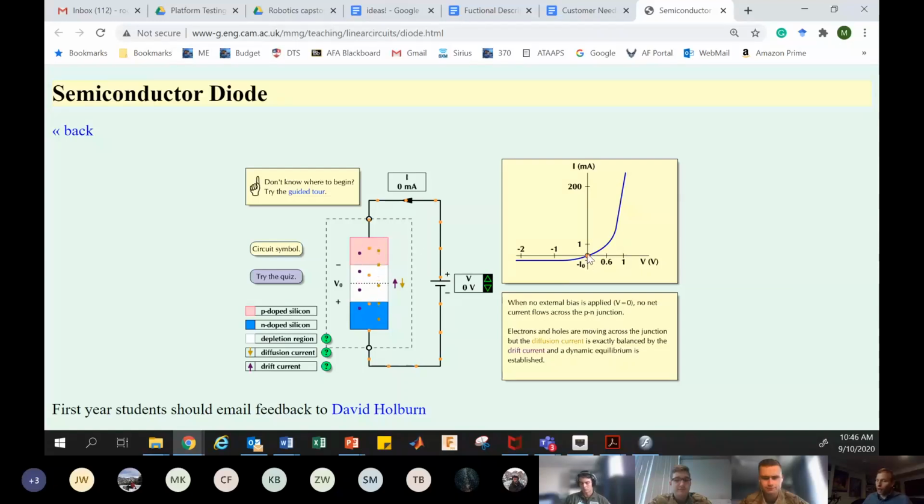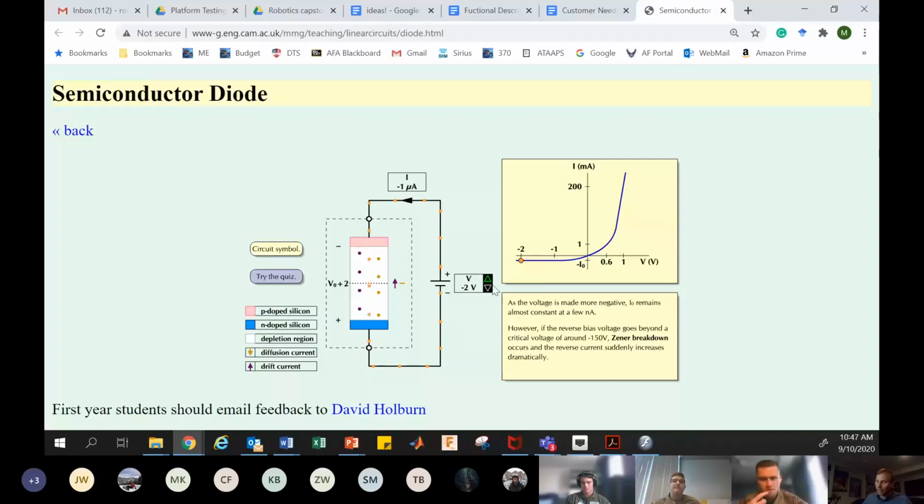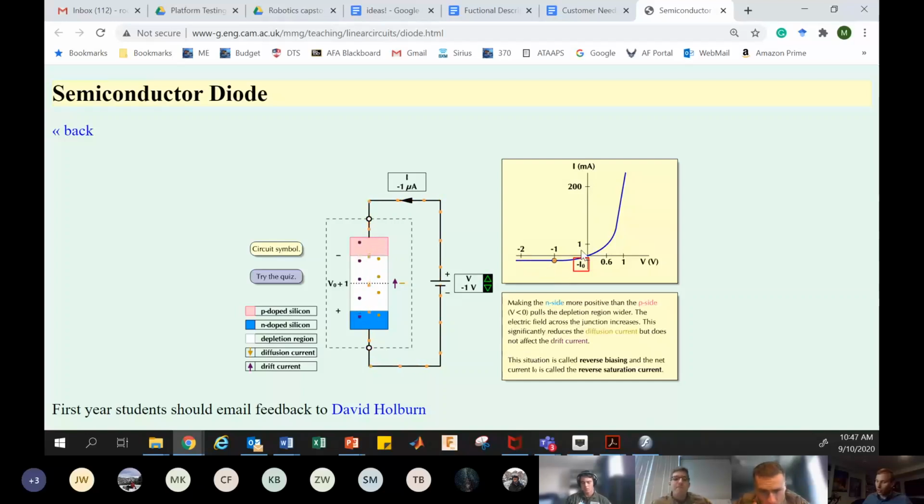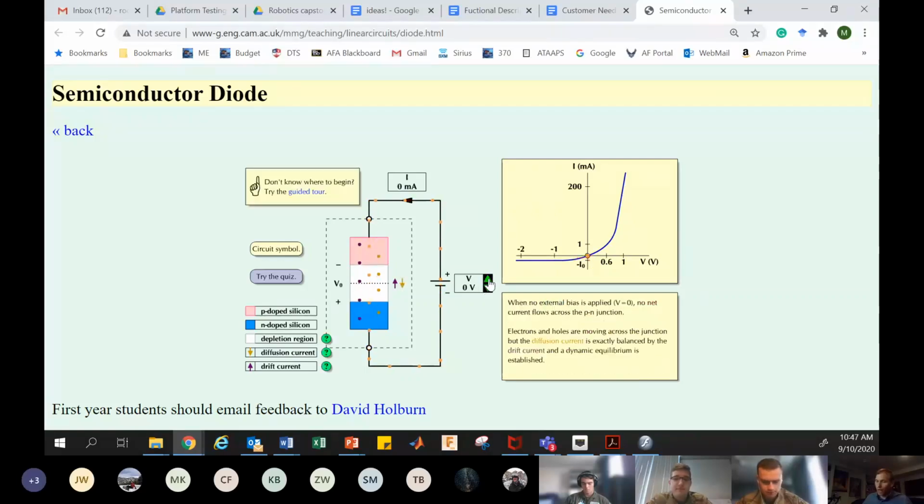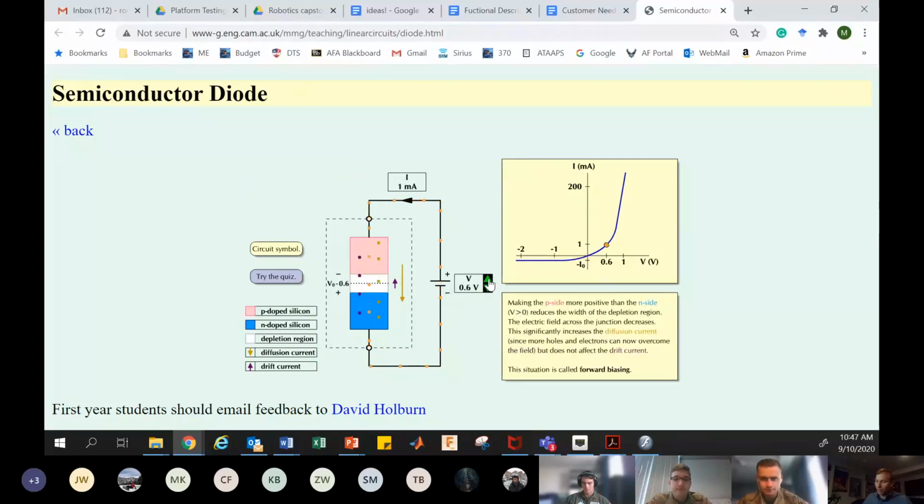And on the graph, we're at the origin where there's no current flow. If we reverse bias it, again, look at the graph, there's no current flow. There's a small amount of current known as leakage current or reverse current, but that isn't substantial. So only when we have it forward biased do we get substantial current flow. Okay, so that's one thing I want to show you.